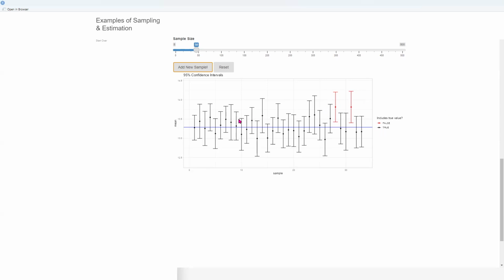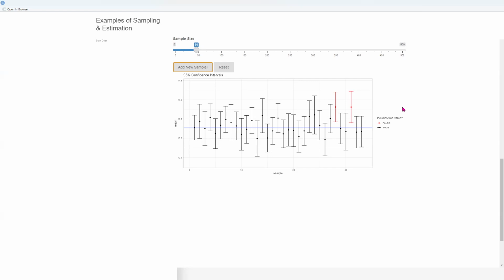So this is a probabilistic thing. We can get one sample that does not include the true population value, or we can get several of them before we get the first interval that does not include it. But in the long run, if we produce a very large number of samples, and for each one we compute the confidence interval, 95% would include the true value.